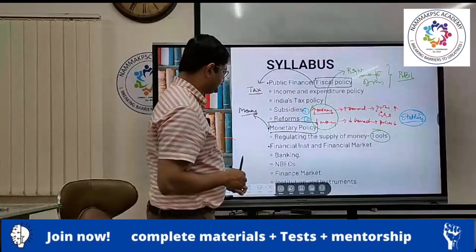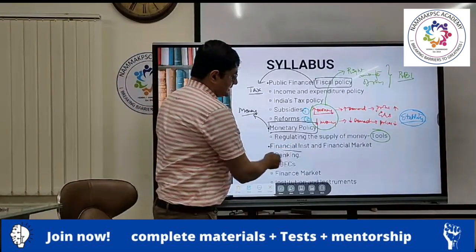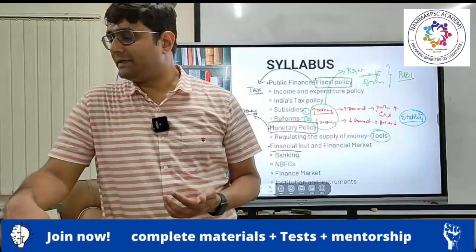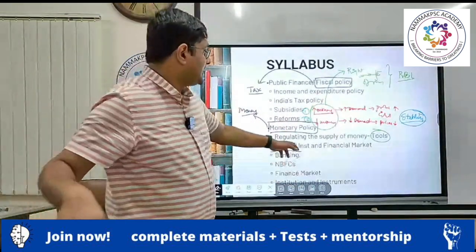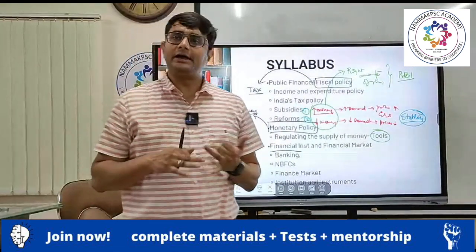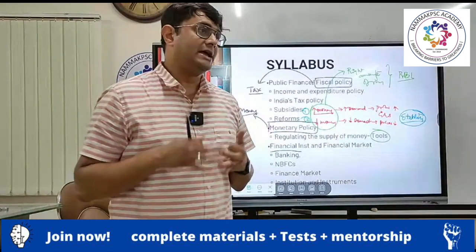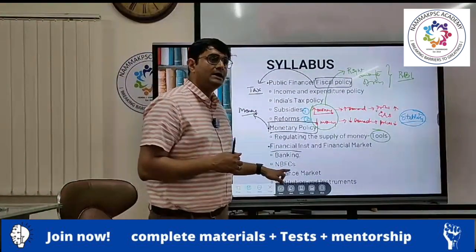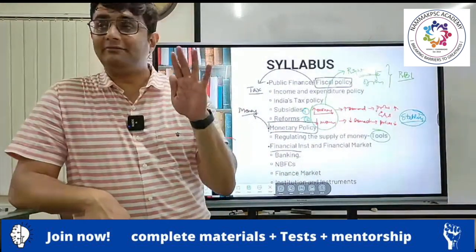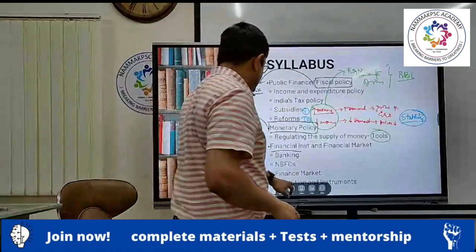Then the next one that we will be discussing is that to assist our economy, there are several financial institutions like banks, DFIs, Development Financial Institutions, NBFCs, non-banking financial companies. So all these are the different types of financial institutions. So what are these financial institutions?